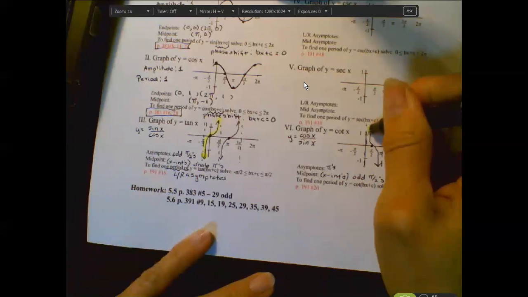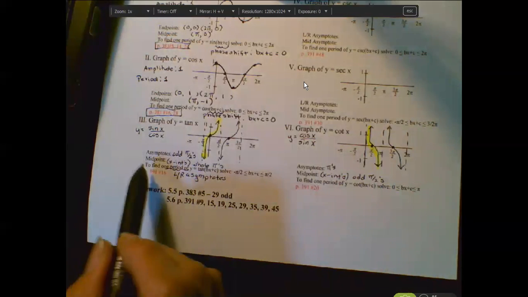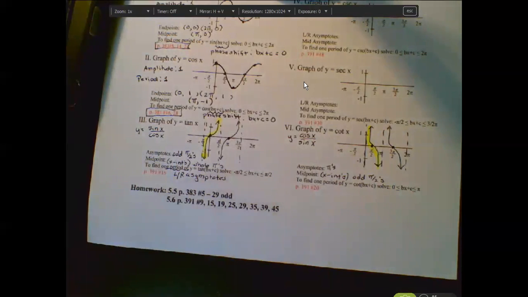So if we had to choose what to use for one period of tangent or cotangent, we would use between 0 and pi. All right. Any questions about tangent and cotangent?